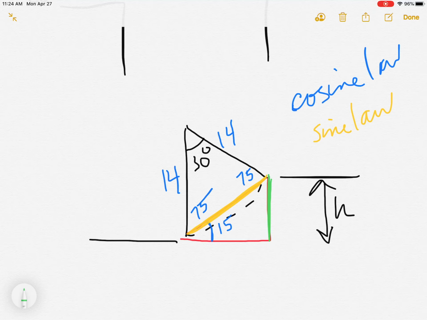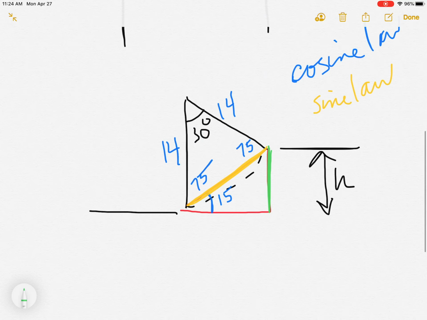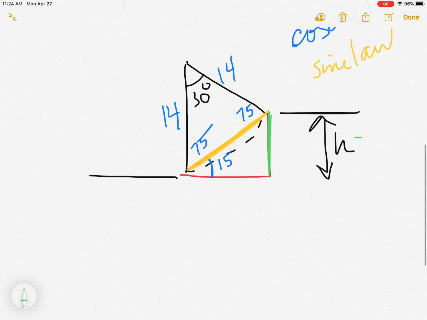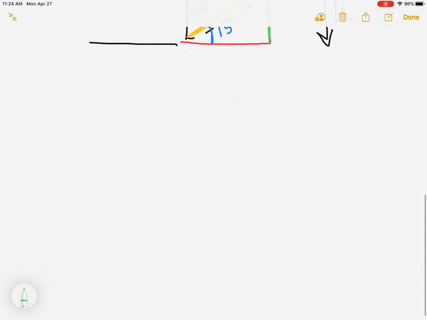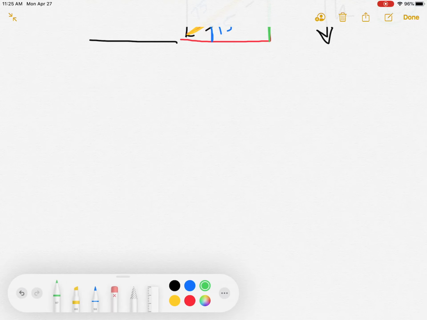I think sine law would be better, to then figure out, using the bottom red triangle, the line over here. So a couple of triangle businesses before you can actually get to the meat of the question. Once you get to there, and you know what that height is, the height is now a known number.